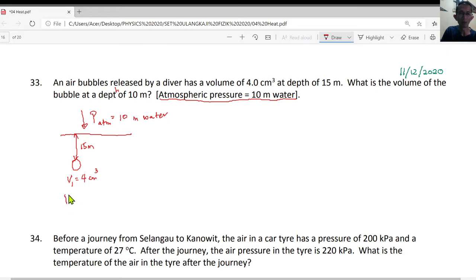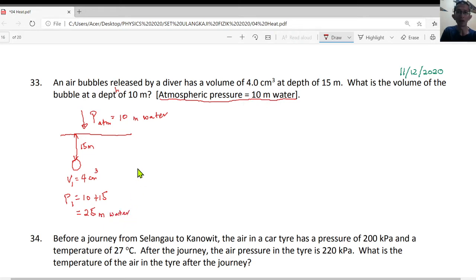Therefore, my pressure P1 here, I have 15 of water here, and then up here I have 10, so that will be 10 plus 15, so I have 25 meter of water above that point.